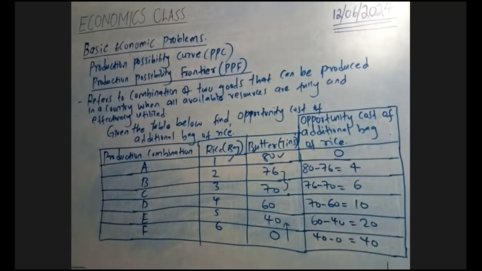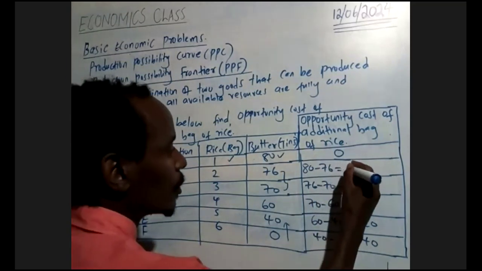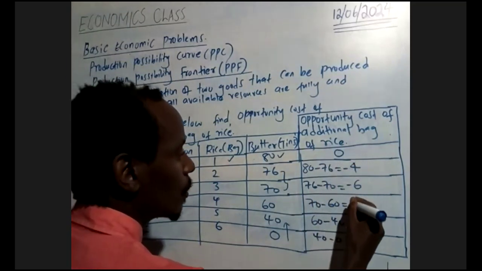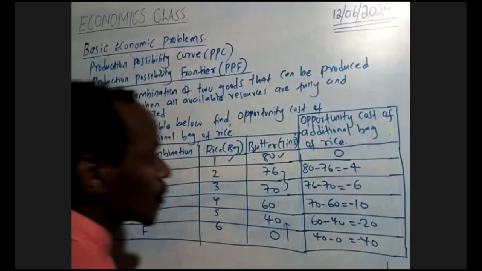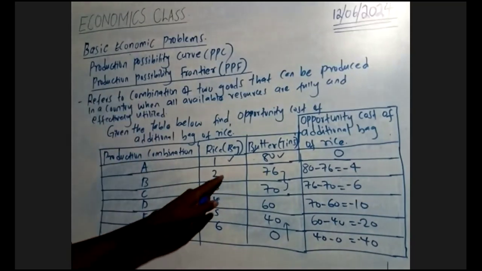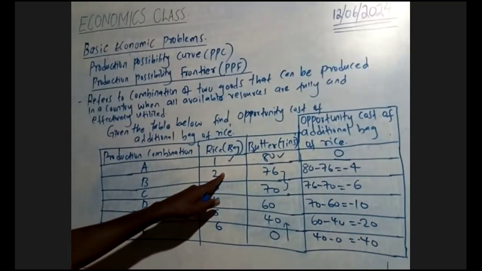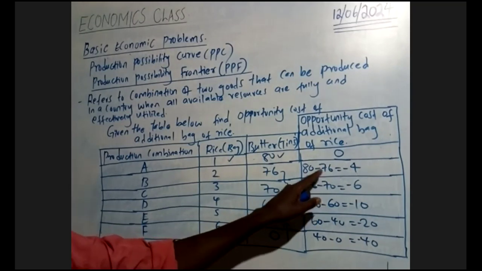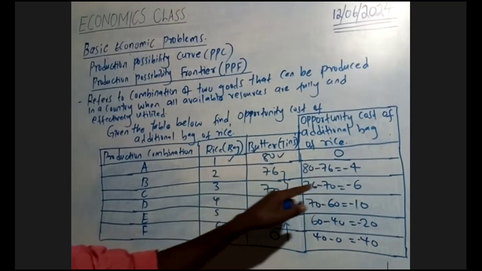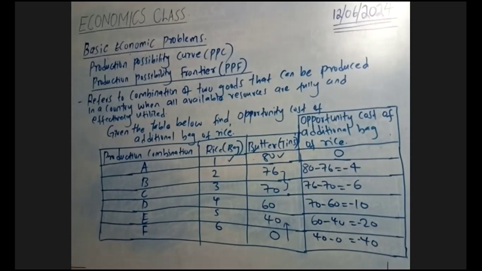Remember, because it is an item which is lost, it must be a negative number. If we produce an extra of rice, we lose some butter, so you put it in a negative form. You need to remember that. So that is the opportunity cost of an additional bag of rice.